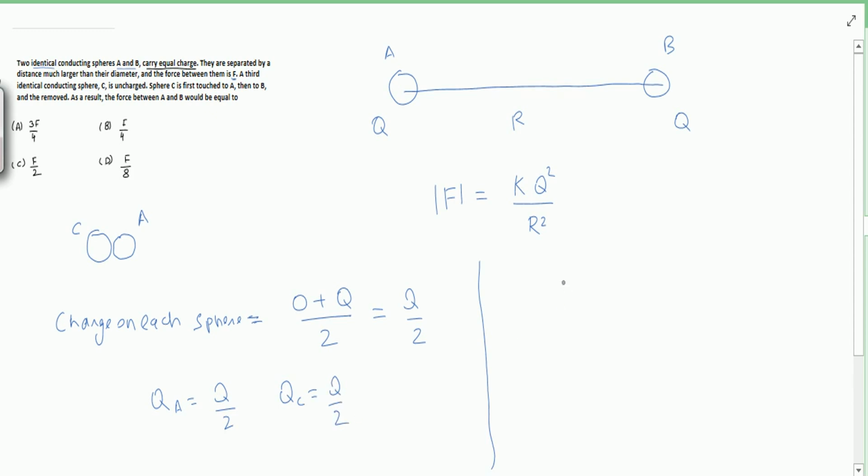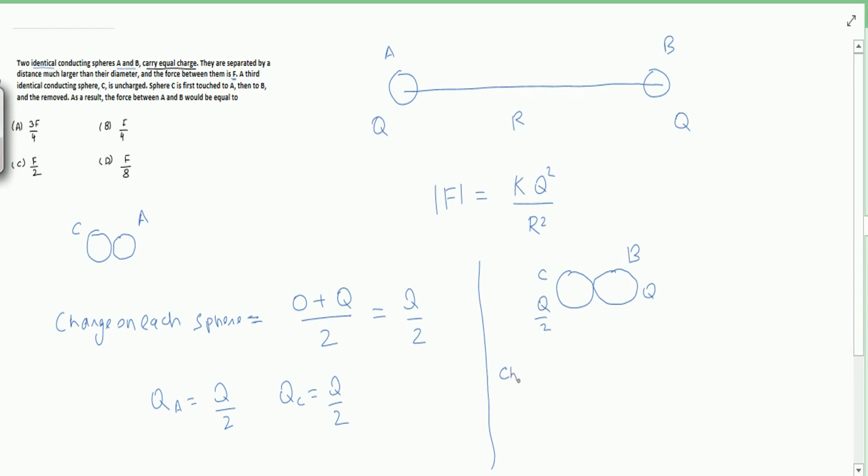Now this conducting sphere C is brought in contact with sphere B. Sphere C has charge Q by 2 and B has charge Q, and when two conducting spheres are in contact, charge distribution happens by transfer of charge.